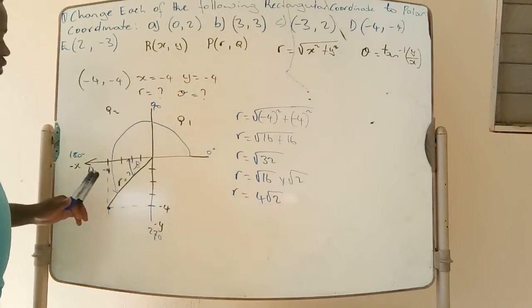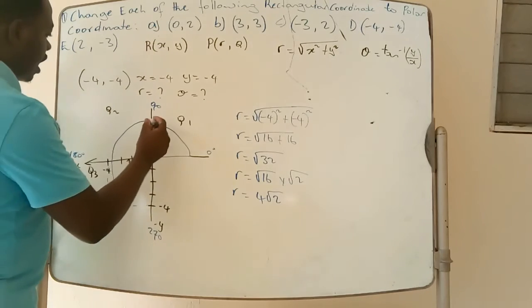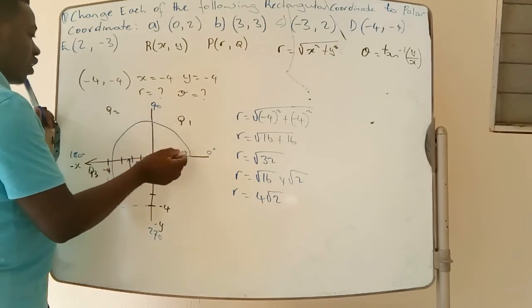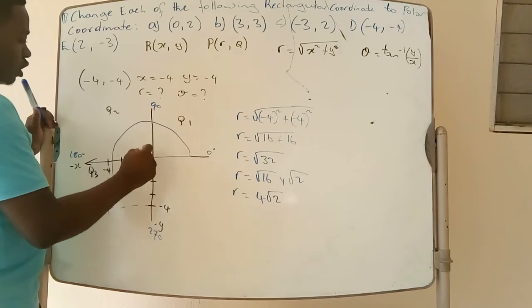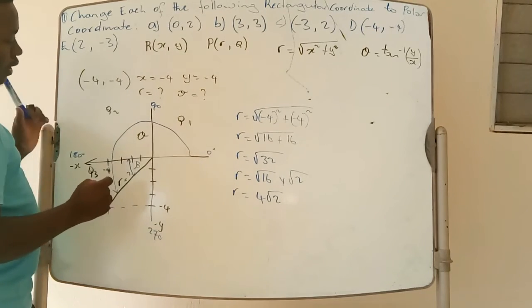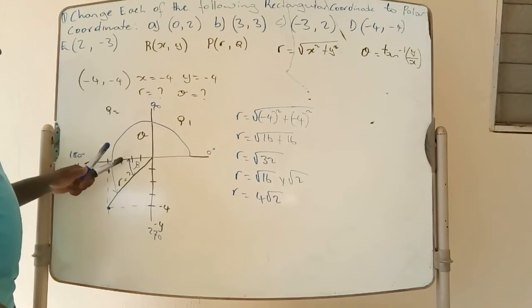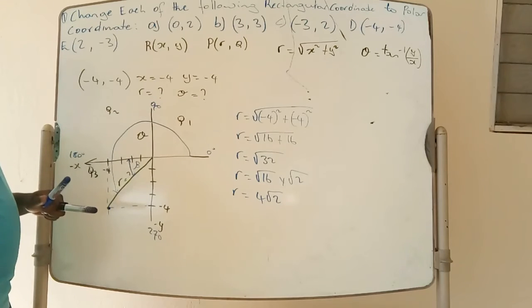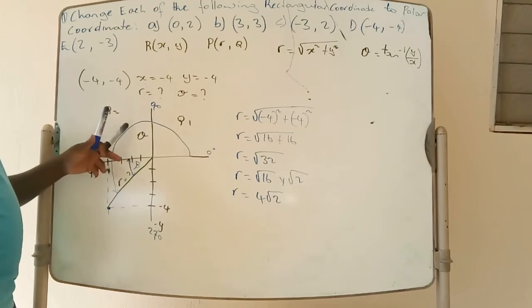So we just need to determine the angle. This is the angle that we want to determine, and all of this blue angle here is theta. So we're going to determine beta before we determine theta.